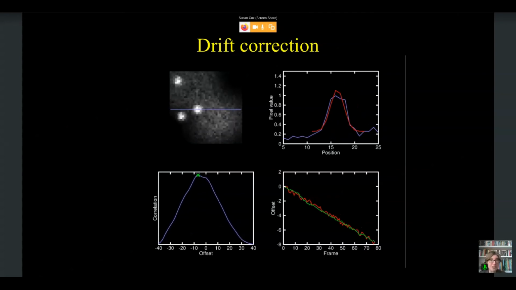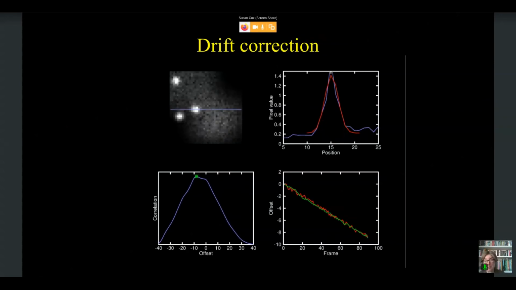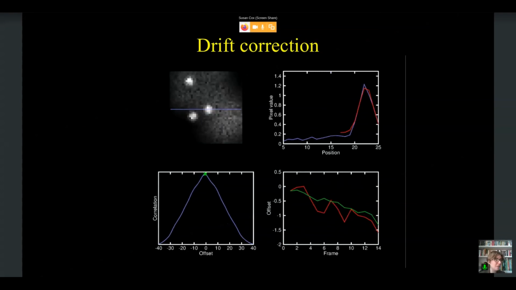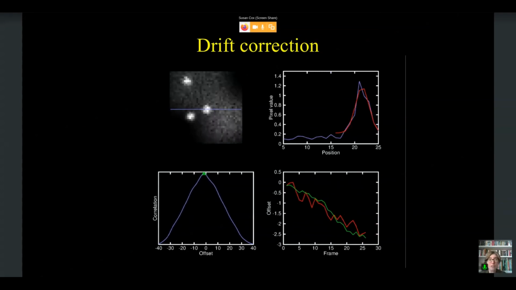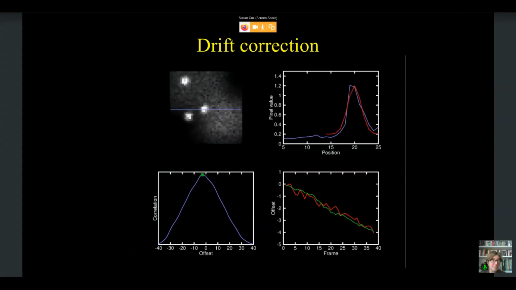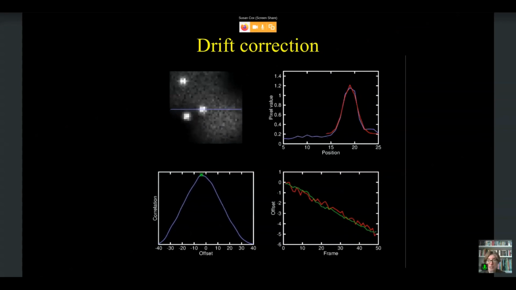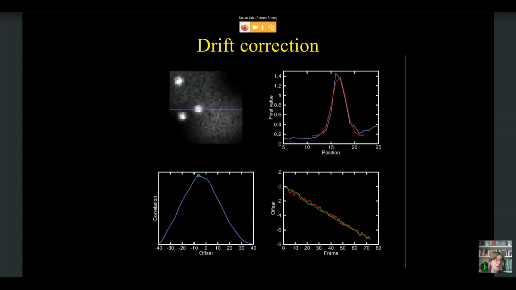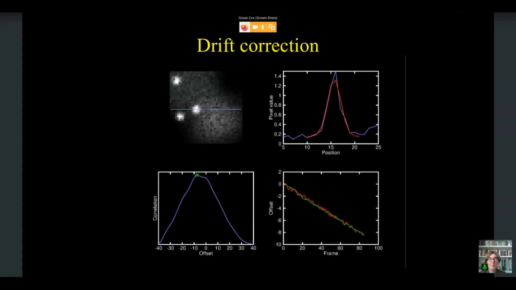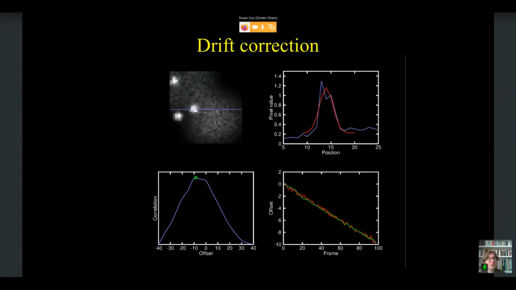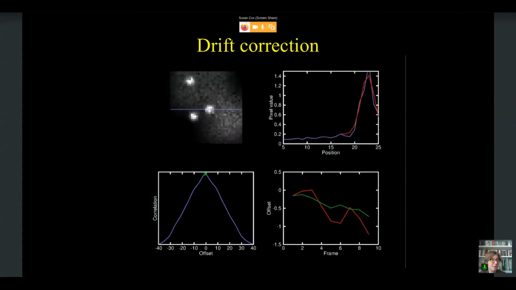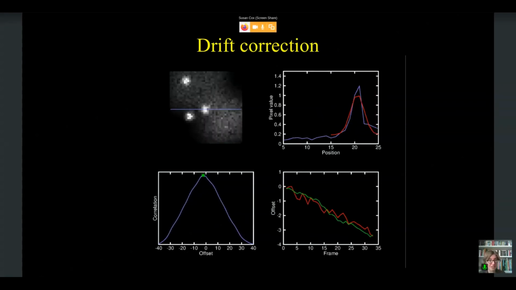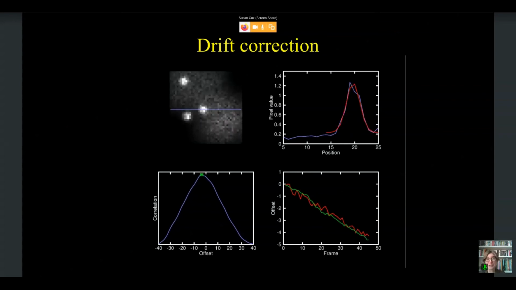The only disadvantage is you have to put beads in your sample, which is obviously not particularly desirable for a lot of people. So a lot of people now do cross-correlation based drift correction. Now, you do have to bear in mind when you do that your drift correction will be limited by both the photon count of your images and by how similar your images are when you project down the number that you're going to do a cross-correlation on.